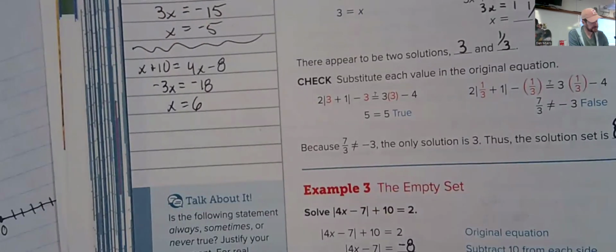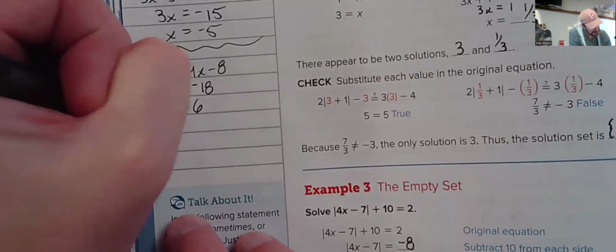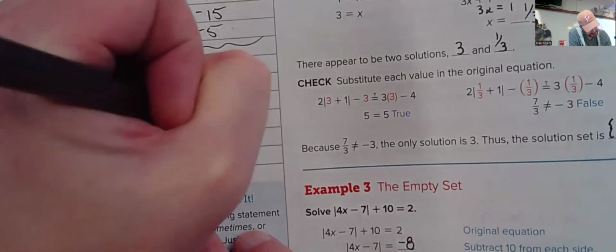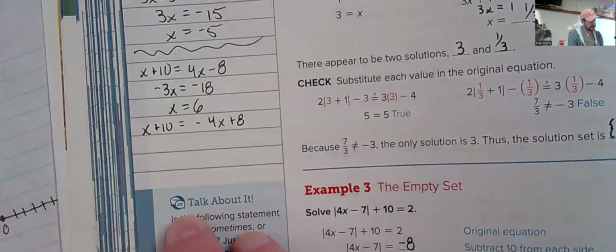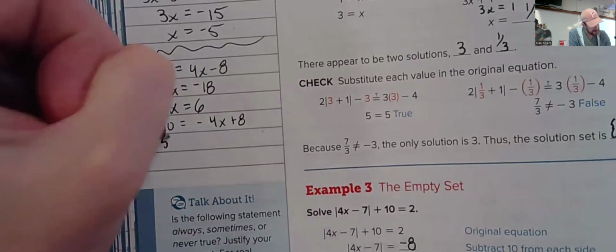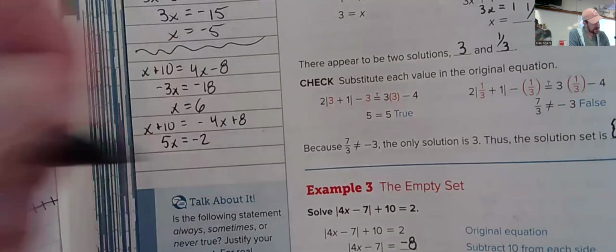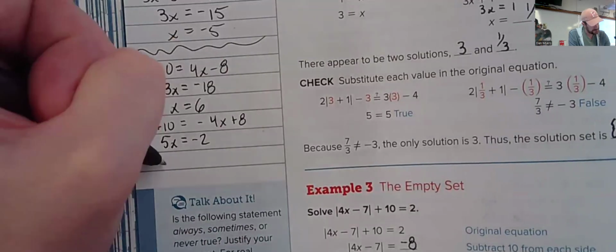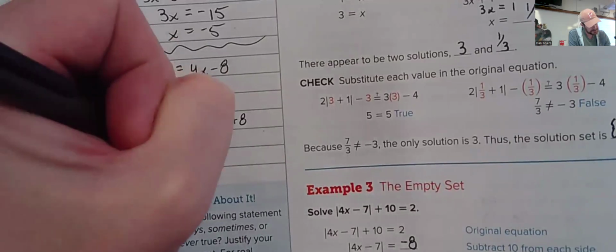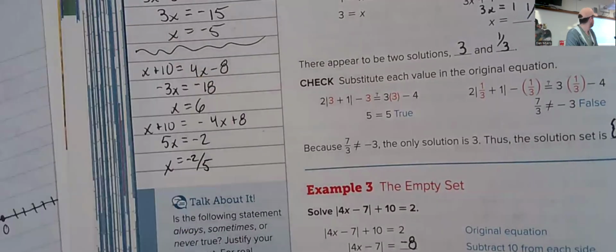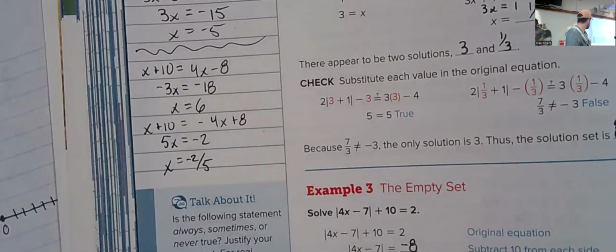The other case would be x plus 10 is equal to the opposite of both of those things, so it'd be negative 4x plus 8. If we add 4x to both sides, that'll be 5x. And if we subtract 10 from both sides, that will be negative 2. And if we divide both sides by 5, that would be x equals negative 2/5.